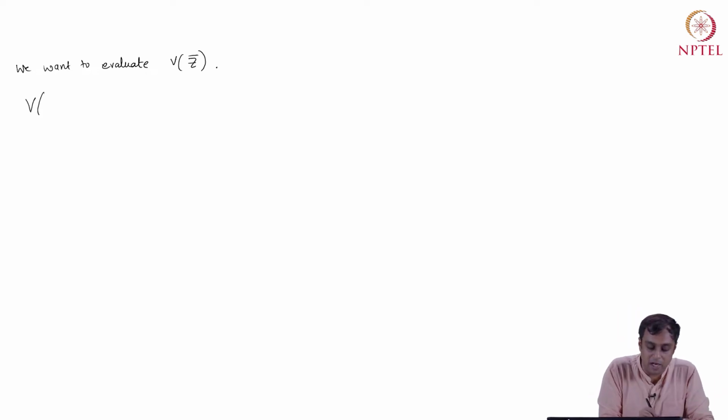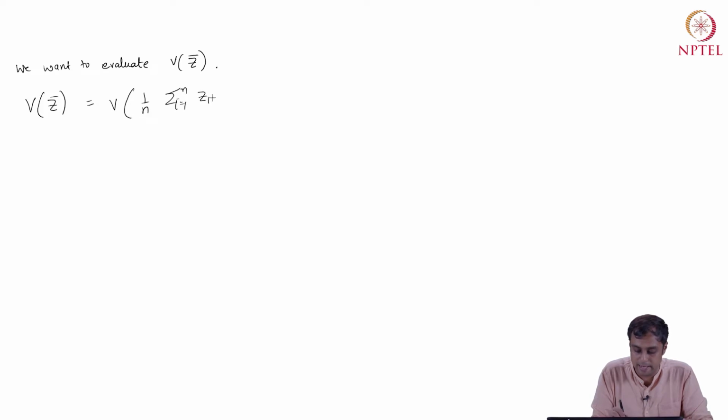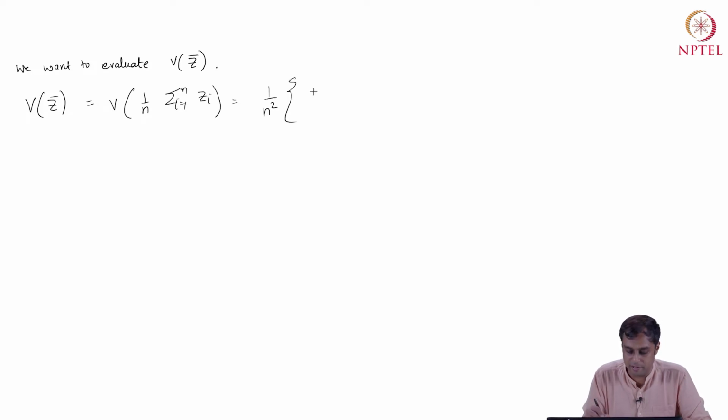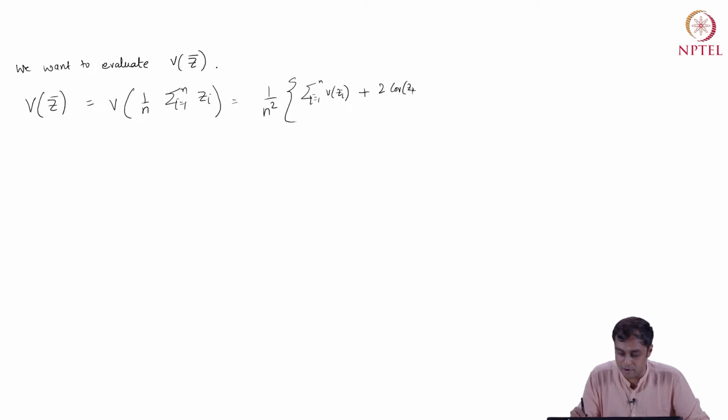We had articulated the variance of Z bar as the variance of 1 over n summation i equals 1 to n Zi, and I said 1 over n squared, and we had written this as summation i equals 1 to n variance of Zi plus 2 covariance of Z1, Z2 plus 2 covariance of Z1, Z3, keep going, plus 2 covariance of Zn minus 1, Zn, right?